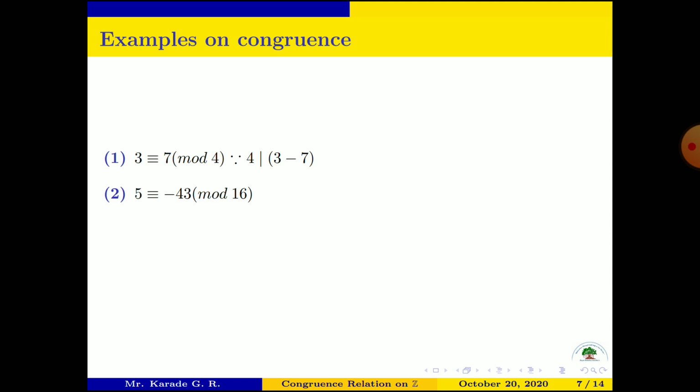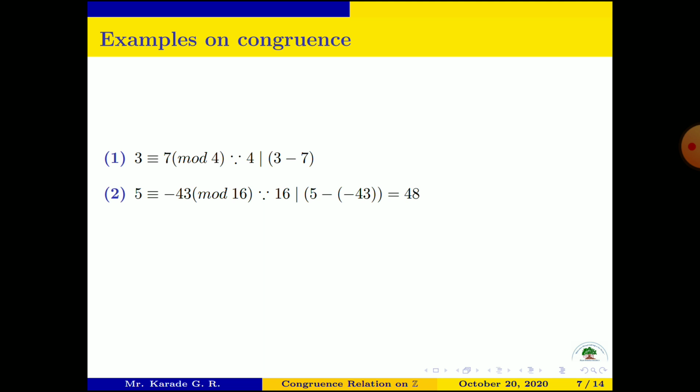Now consider the second example, 5 is congruent to minus 43 mod 16, because 16 divides 5 minus minus 43, and 5 plus 43 is nothing but 48, and 48 is a multiple of 16. 16 into 3 is 48.